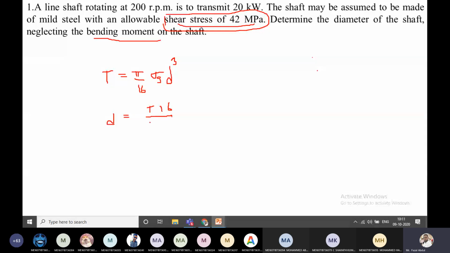So 16, the pi value, and sigma s is 42 megapascal, given in the question. Now one unknown parameter is the torque, so we need to calculate the torque value.